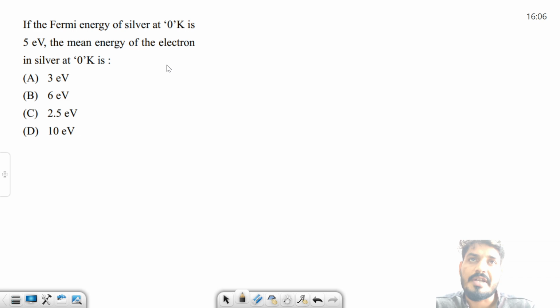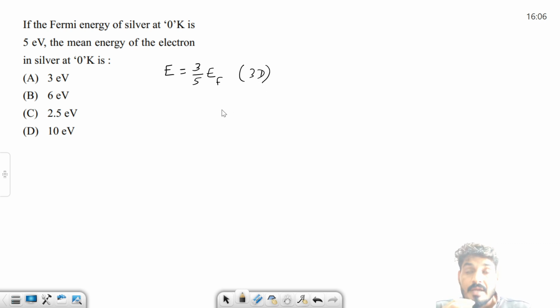You already know that average energy is nothing but 3 by 5 epsilon f, where epsilon f is the Fermi energy, and this is in the 3D case. Remember, this is in the 3D case. Now what about 2D and 1D?